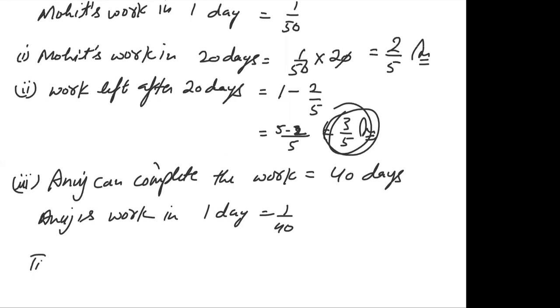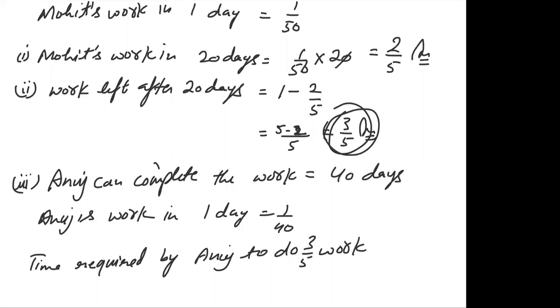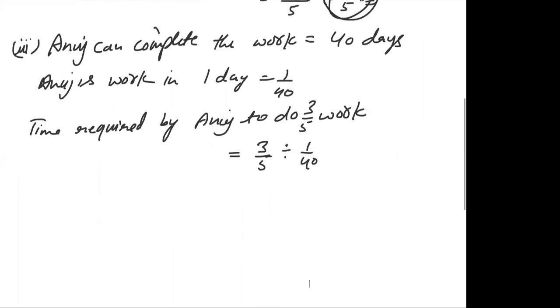So time required by Anuj to do 3 upon 5 work is equal to 3 upon 5 divided by 1 upon 40. Now solve it. So you will write 3 upon 5 multiply 40 upon 1.